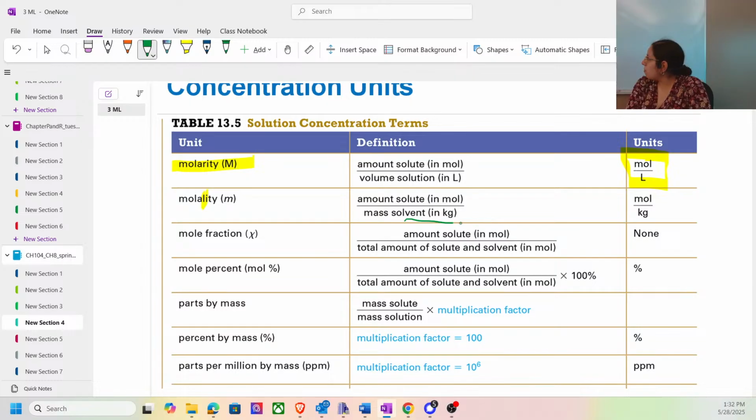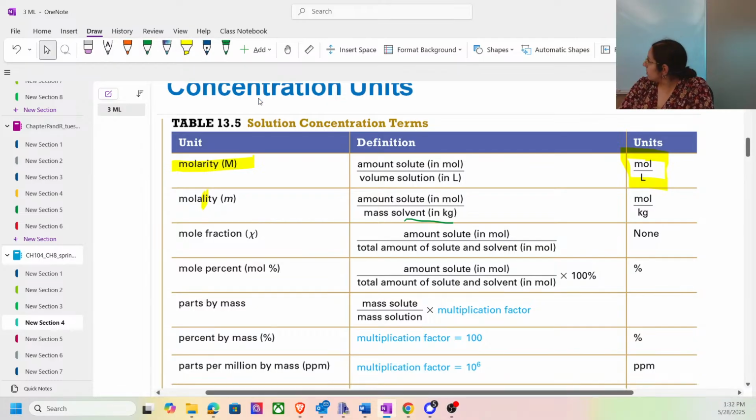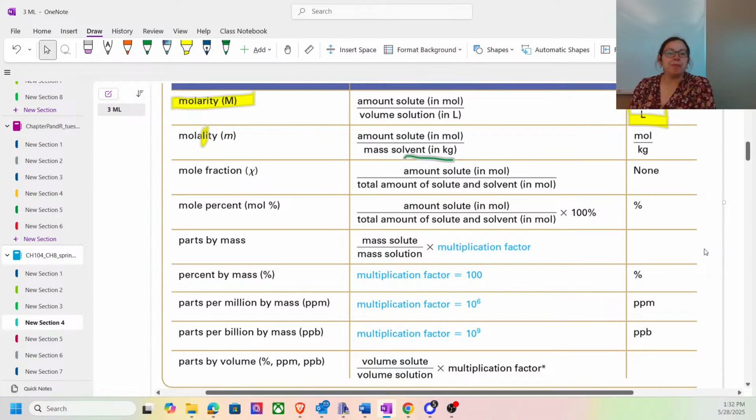Of course, water has a density of 1, so it doesn't really matter, but if you're worried about small amounts of variation due to temperature, you might want to use molality. That being said, I never see molality used in my practice. Perhaps if you're in another analytical field.